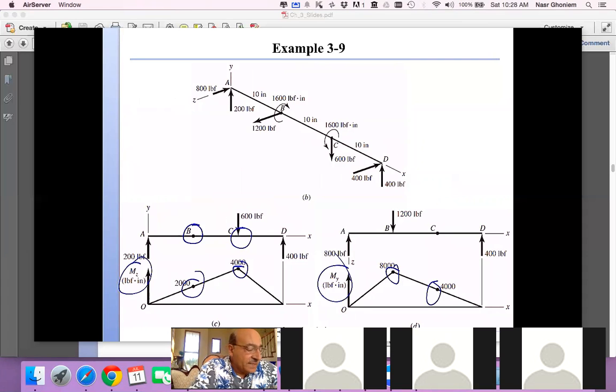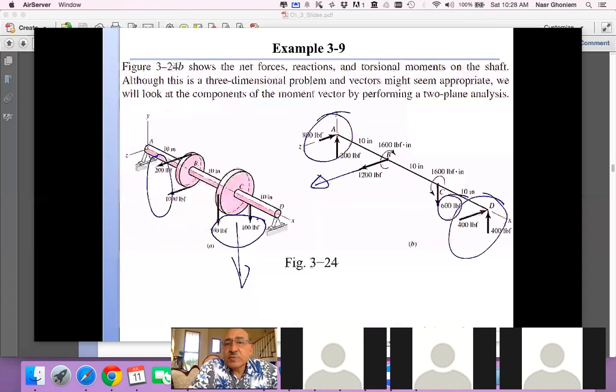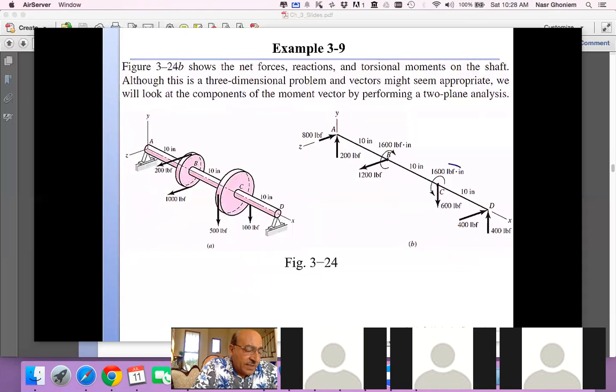Then we go back and see what else we have in shaft problems. We now have to consider a concentrated torque of 1600 acting at C, and a counter torque of 1600 acting at B. If you look at the torque diagram here, you get 0, then jump up to 1600 constant, and then down to 0.